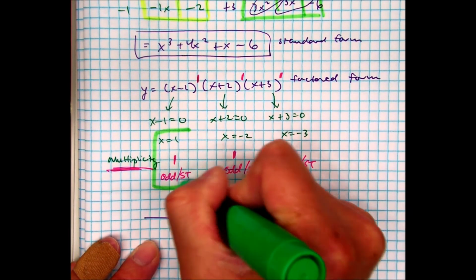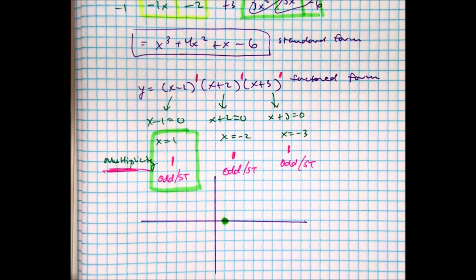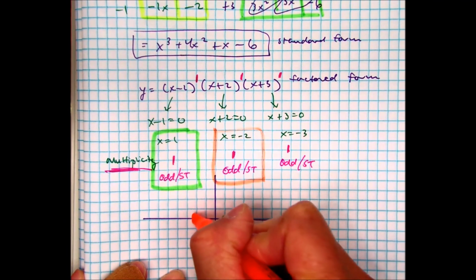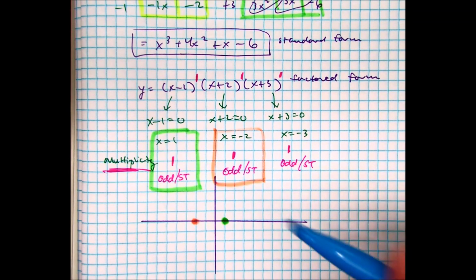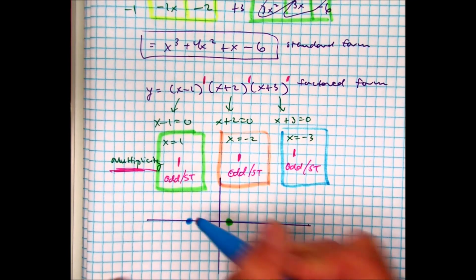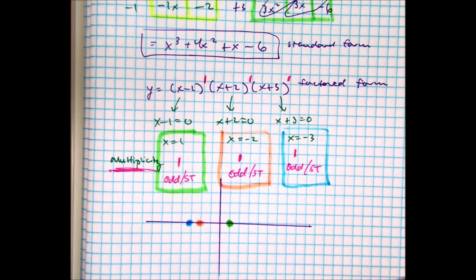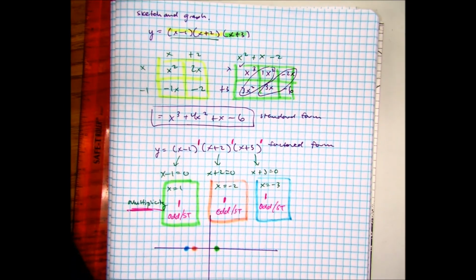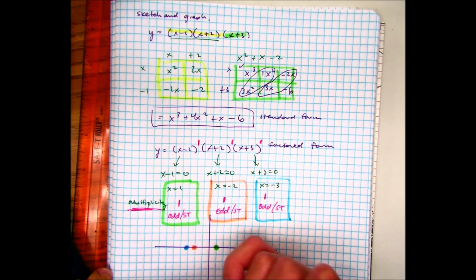Here is x equals 1. x equals negative 2. And x equals negative 3. Yesterday's lesson we talked about its end behavior. So class, what type of function is this?